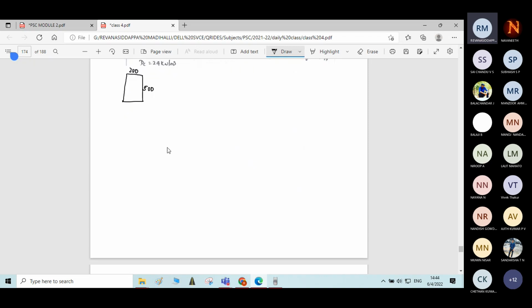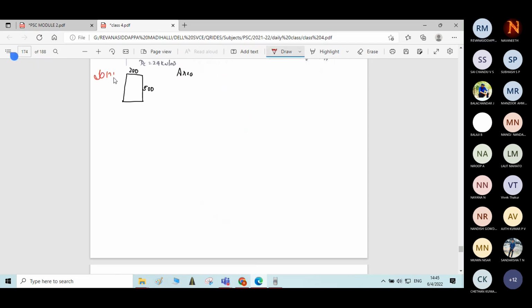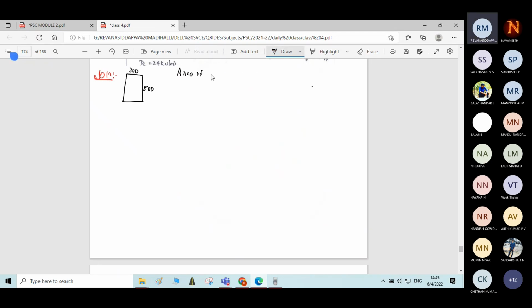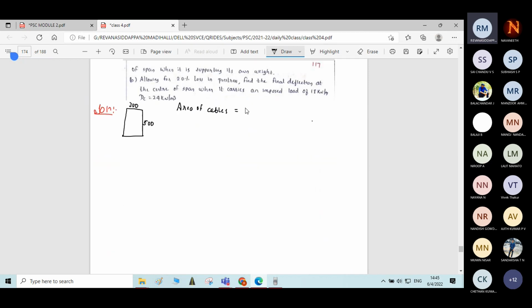Therefore, area of cables is equal to 2 into 600. So you will get the area of cables as 1200 mm square. Okay.